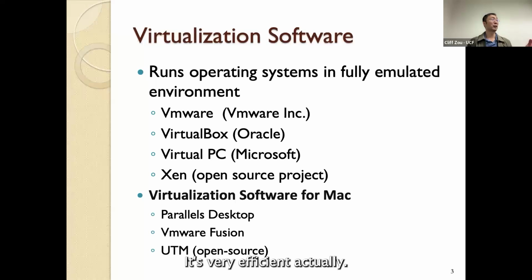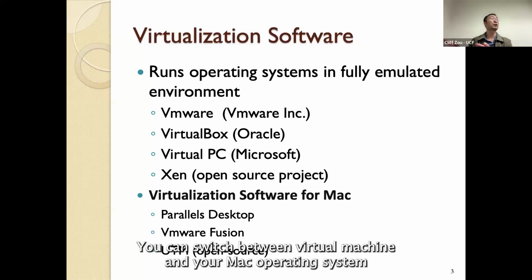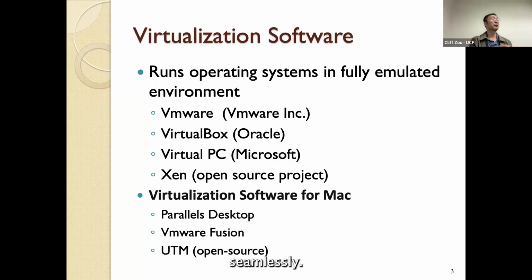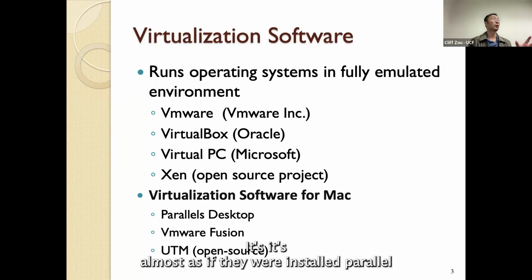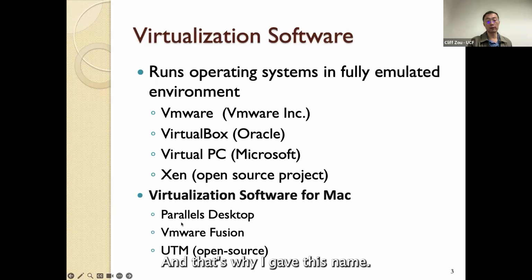It's actually very efficient and runs very smoothly. You can switch between the virtual machine and your Mac operating system seamlessly. It's almost as if they were installed in parallel on your Mac computer. So that's why it was given this name. But I haven't tried this one.